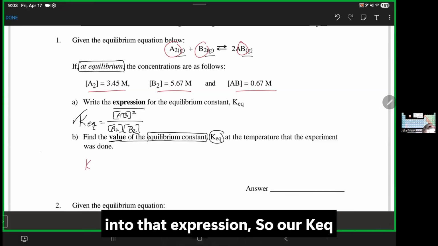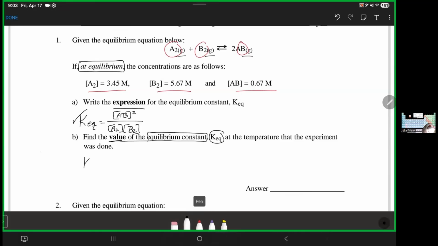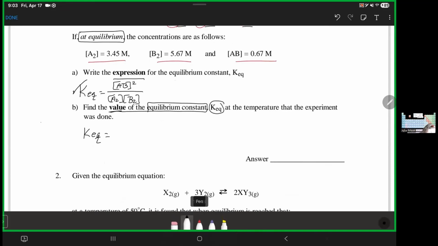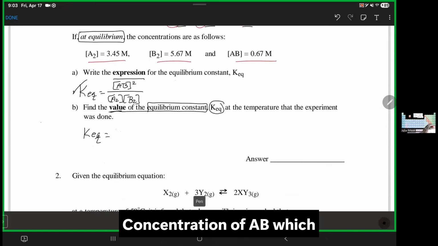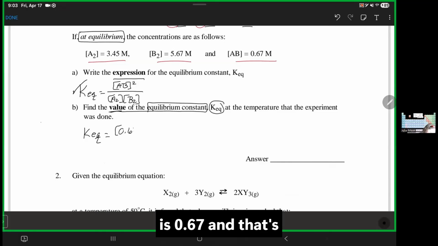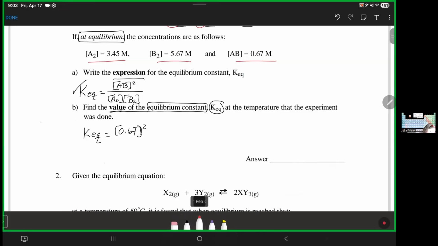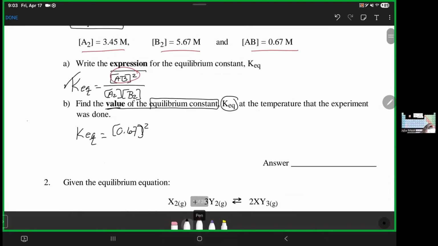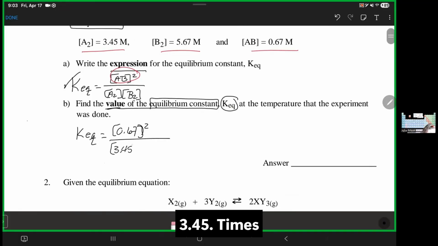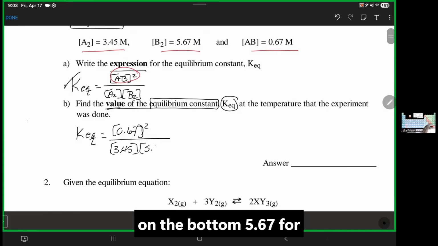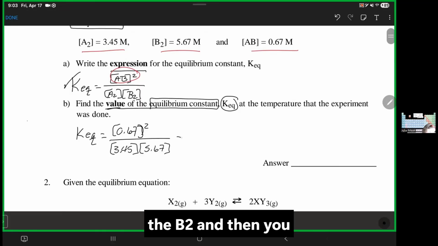So our KEQ is equal to the concentration of AB, which is 0.67, and that's going to be squared, divided by the A2, which is 3.45, times on the bottom 5.67 for the B2.